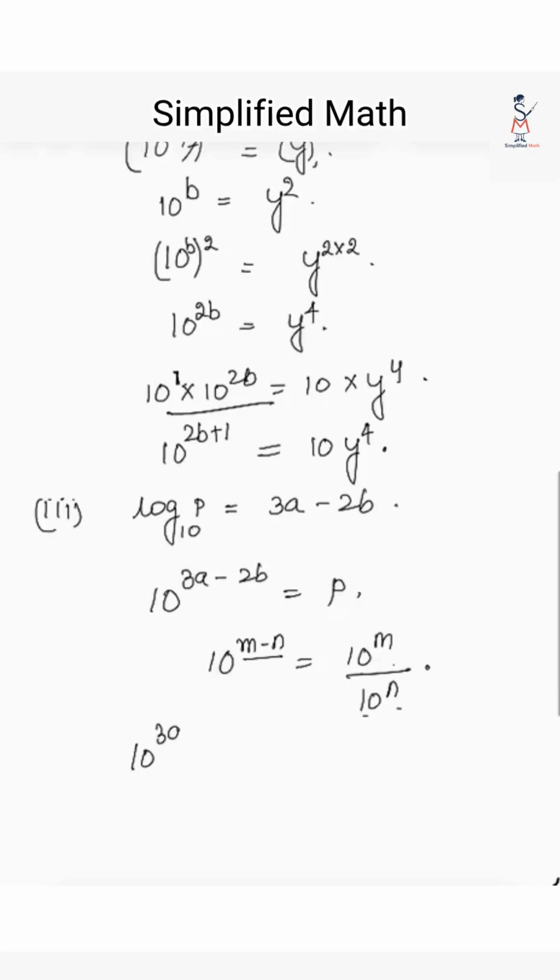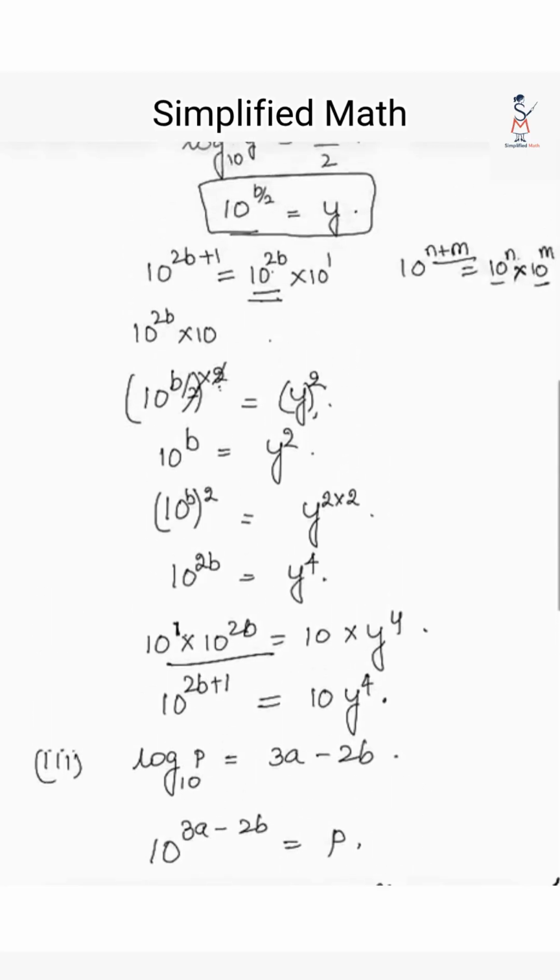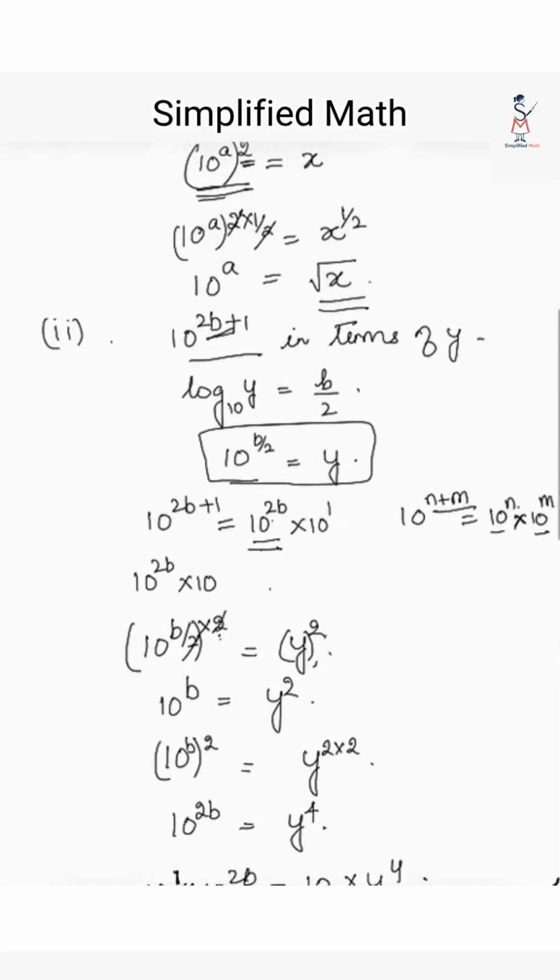What does this mean? That if any two numbers with the same base are divided, the powers get subtracted. So 10 raised to the power 3a minus 2b will become 10 raised to the power 3a by 10 raised to the power 2b. Fine. In the first two calculation, I calculated 10 raised to the power a. What was my 10 raised to the power a? Let's check up. 10 raised to the power a was root x.